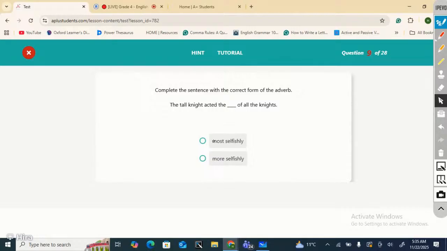The tall knight acted the blank of all the knights: most selfishly, more selfishly.